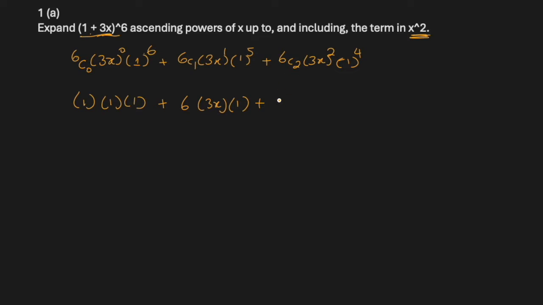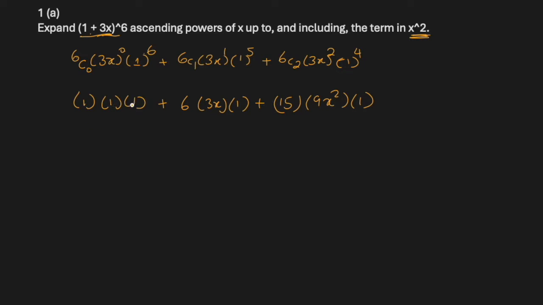If you want to write it, you can, but it is not going to make any difference to the whole term. So 6C2 will be 15. And 3x squared, that means this square is applied to 3 as well because it is over the whole bracket. So it will be 9x squared. And 1 to the power 4 is again 1.